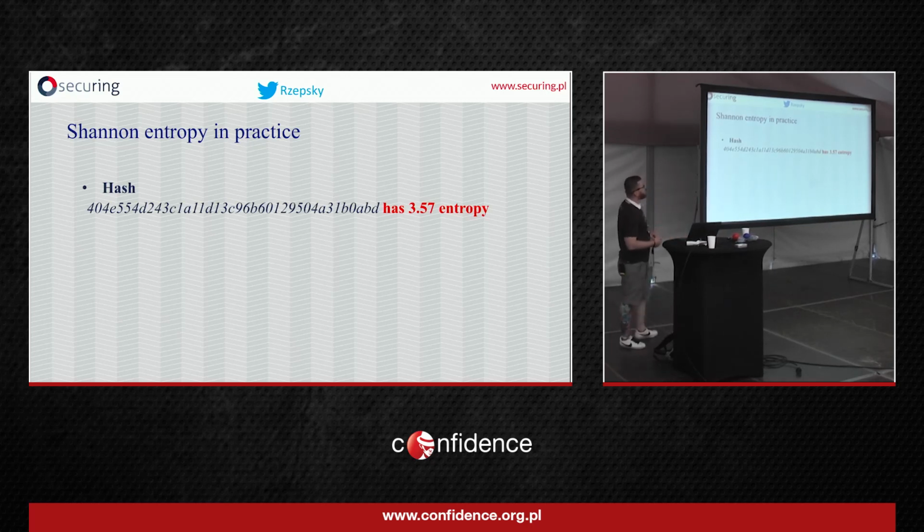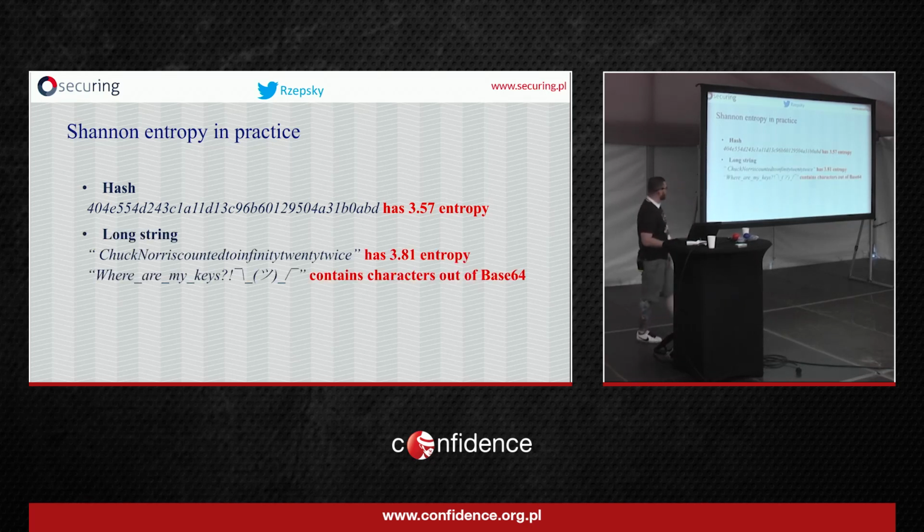Here is a 40-byte hash, and using this formula, this hash has 3.57 entropy. A string like "Chuck Norris counted to infinity twice" has 3.81 entropy.